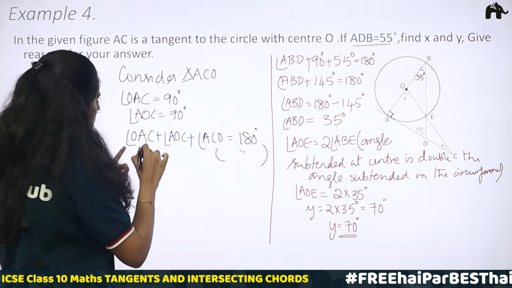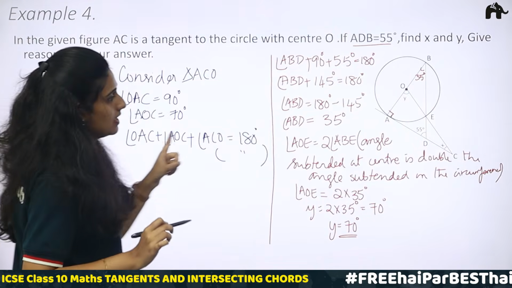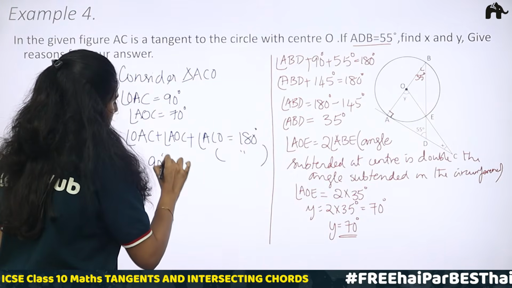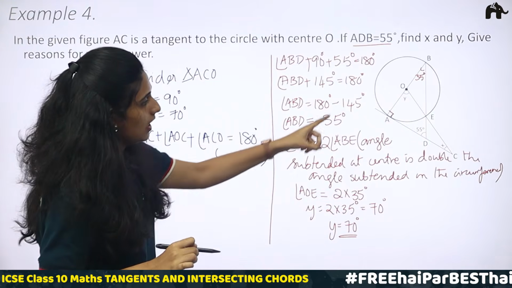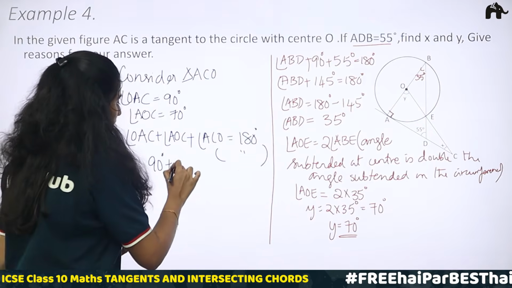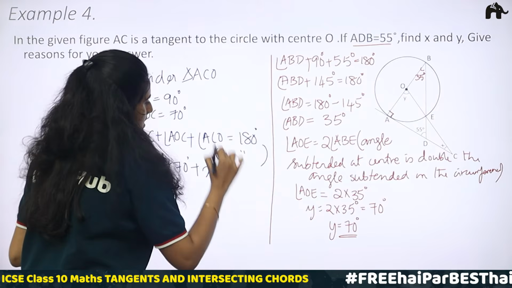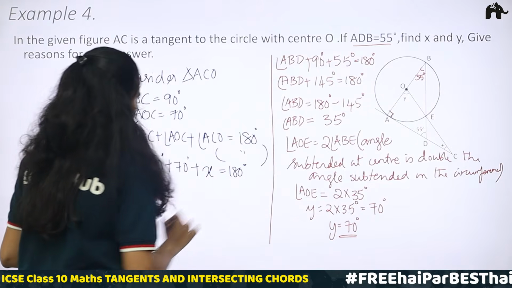Now put the values. OAC is 90 degrees plus AOC, that is 70 degrees, plus ACO, which we have to find and it is X, is equal to 180 degrees.